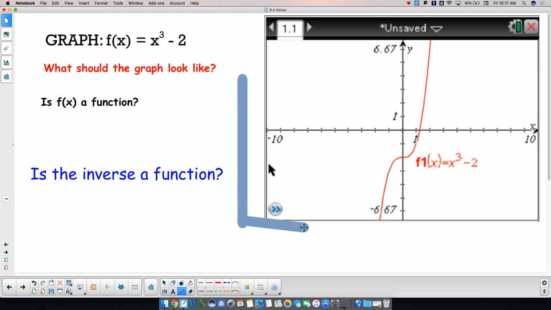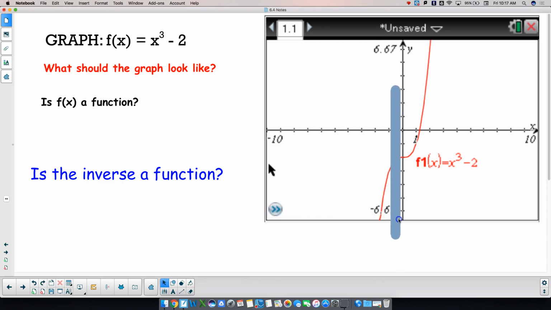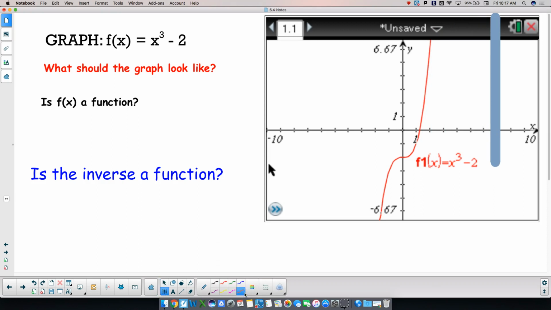Passes. So function, not a function. It's a function. Inverse. Function, not a function.